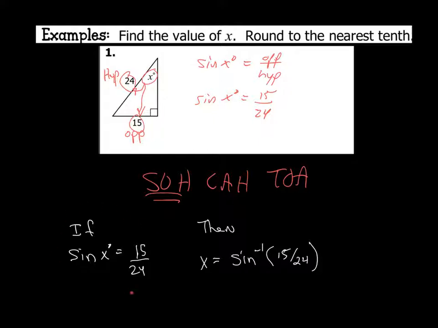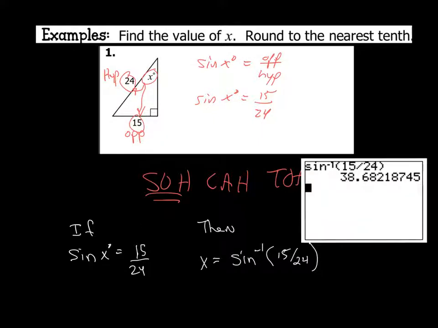We're going to say if the sine of x is equal to 15 over 24, then x is going to be equal to the inverse sine, that's sine to the -1, of 15 divided by 24. And we're going to go right into our calculator and punch that in exactly as I see it. So here's a little screenshot of the calculator, right?